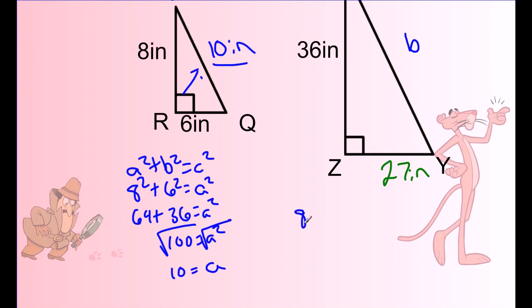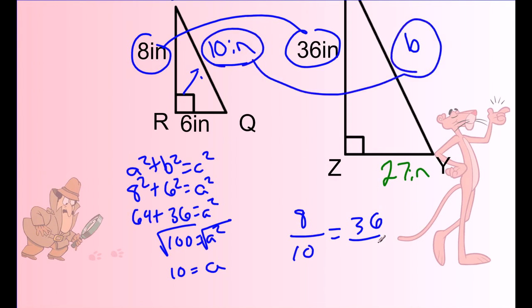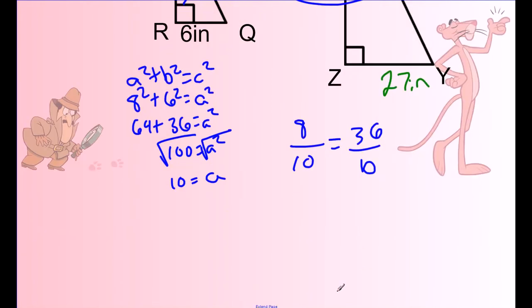So 8 corresponds to 36, and 10 corresponds to B. And then a little cross multiply action going on here. That's 8B. That is 360. Ooh, I could do that one in my head. Divide by 8.